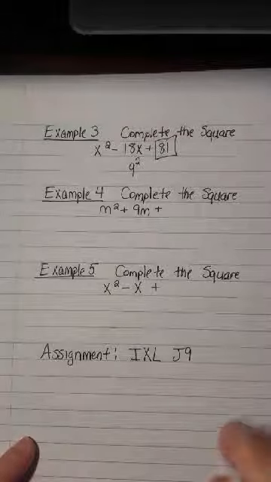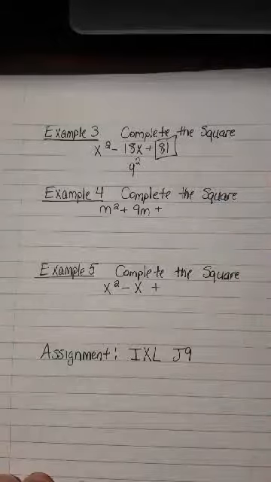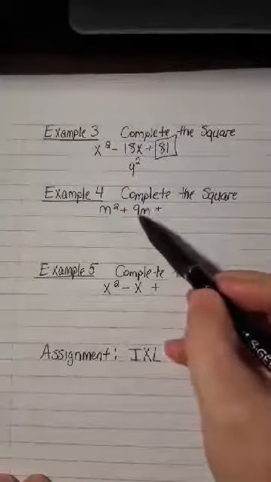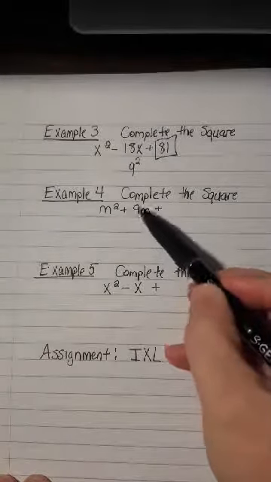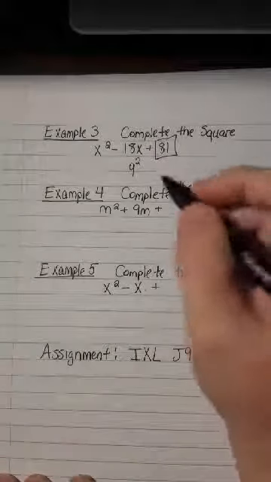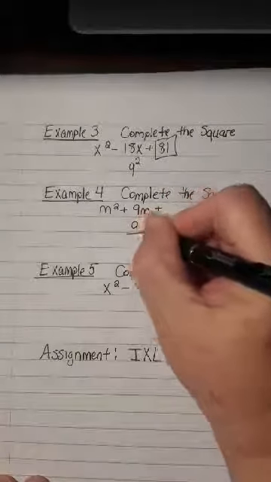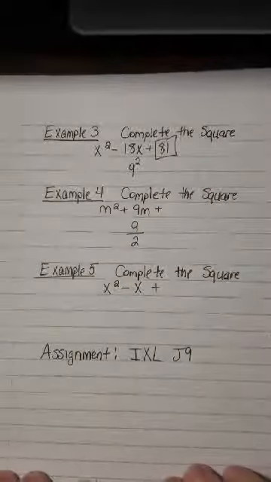A lot harder. On this one, we're going to complete the square. But now, look at this. When you half 9, you get a decimal. And we don't want decimal answers. We have to keep these in fractions. So, you can't really divide 9 by 2 other than writing it over 2 that way.